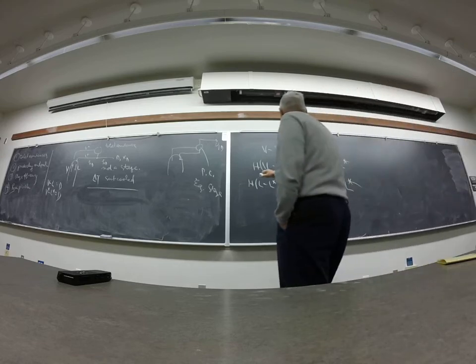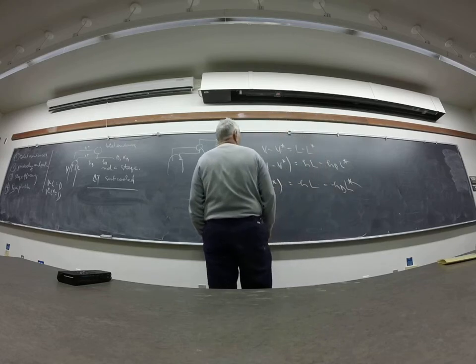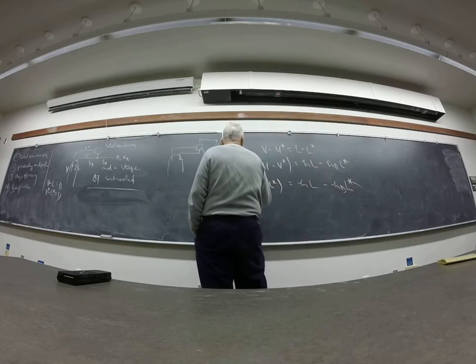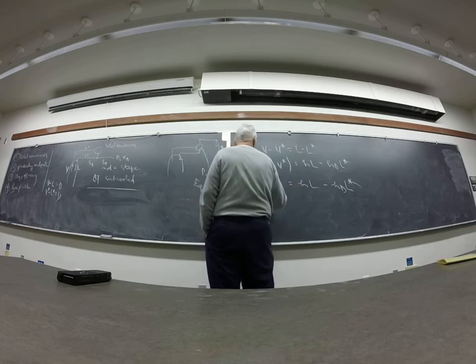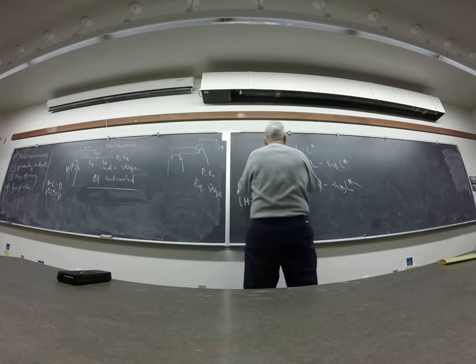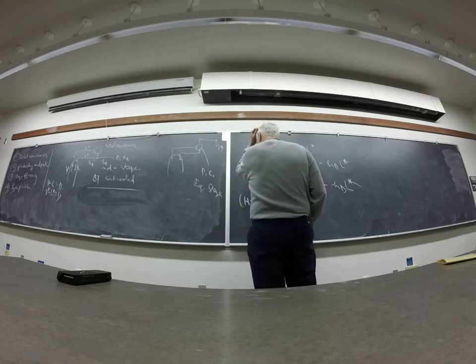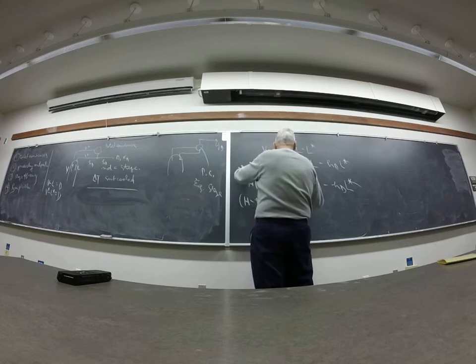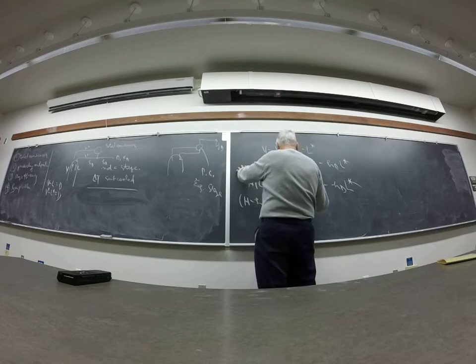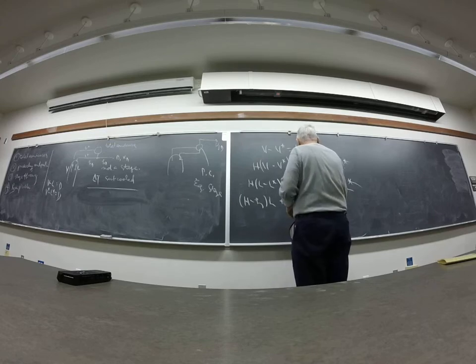Okay, I could take this H over here. All right, I'll go H minus H times L. What do I have to do here? All right, I will write H minus H times L star.